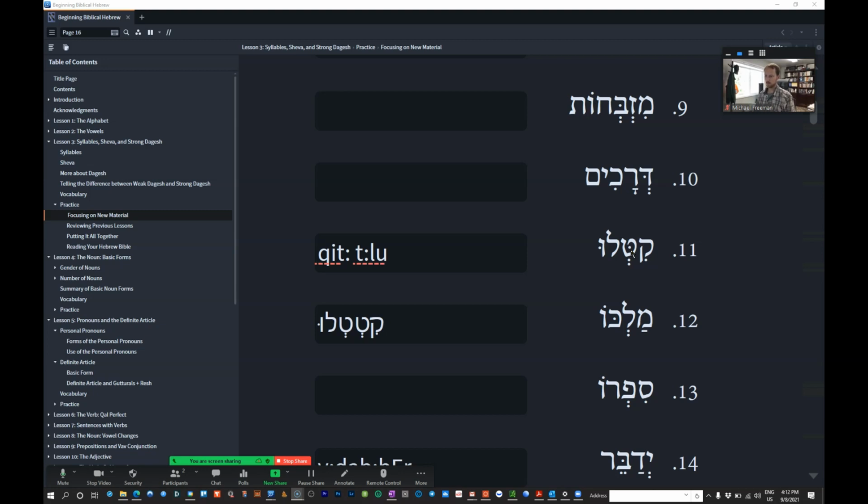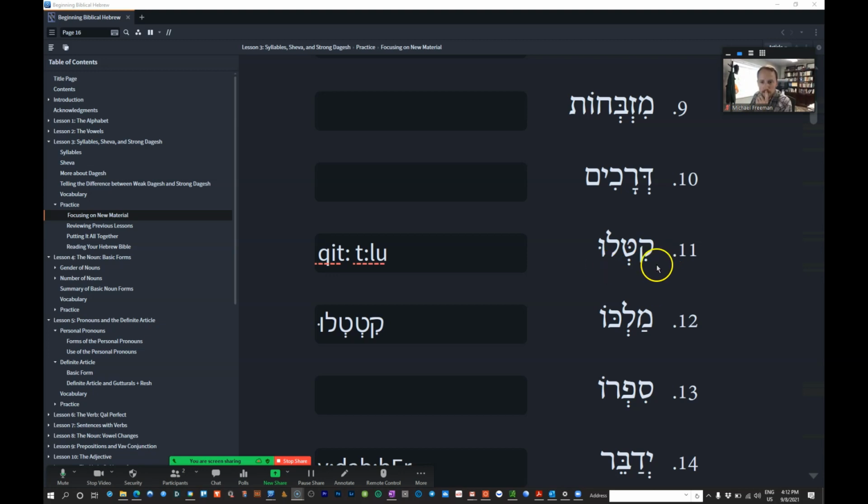And all that Dagesh does is harden the pronunciation of some of those letters. So we have to figure out, anytime we see a Dagesh, is it a strong doubling Dagesh, or is it a weak Dagesh? In number 11, it's pretty straightforward, because the weak Dagesh can only occur in 6 different letters, and Tet is not one of those 6. So by default, Tet with a Dagesh has to be a doubling Dagesh. It has to be a strong Dagesh.